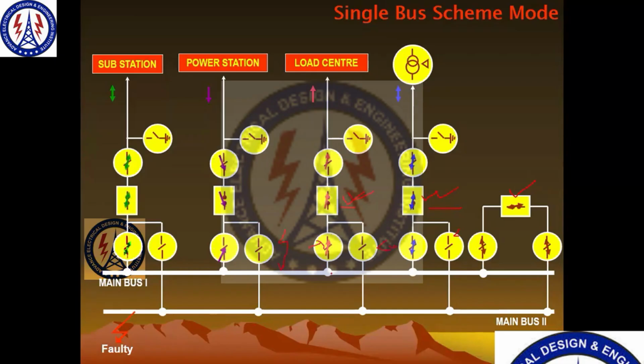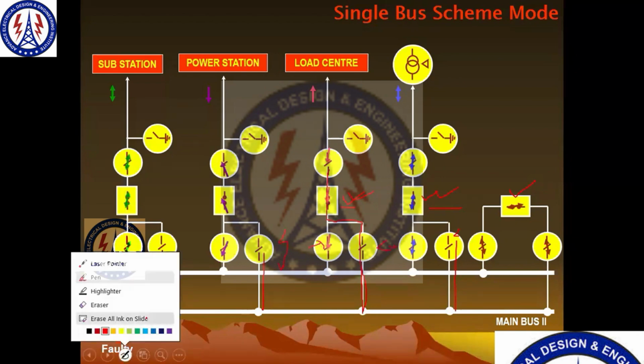Again, the power supply will go from here, because you have a bus 1 fault. Power is already connected from here, so when you close, power will go from the downside. So again, it will be healthy.